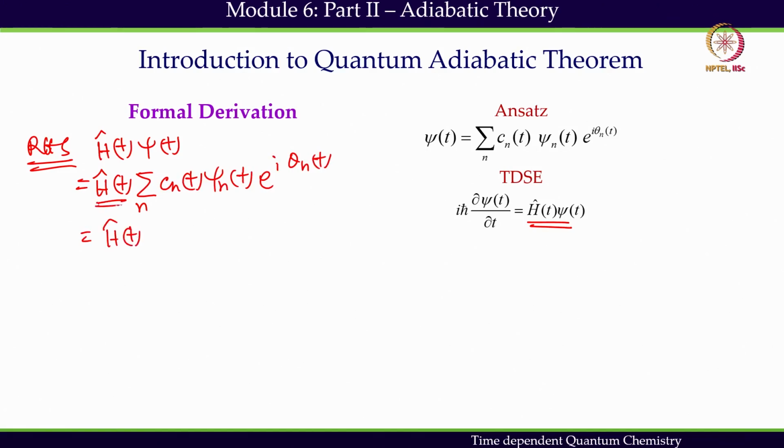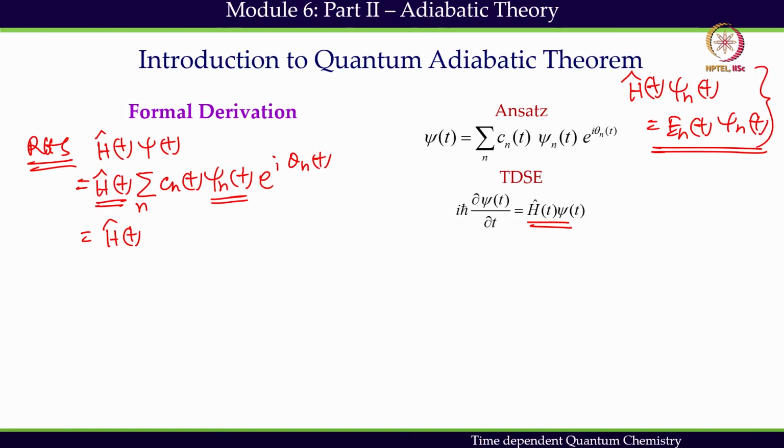Now H(t) acting on psi_n(t), we have previously said, will give me E_n(t) psi_n(t). That's the time independent Schrodinger equation, the eigenvalue equation at time t, which is immediately after the adiabatic process is turned off. This eigenvalue equation holds. That's why we get the different eigenstates at that time.